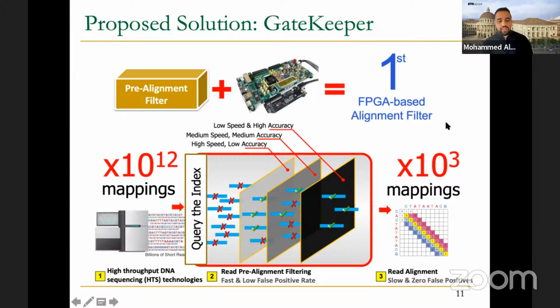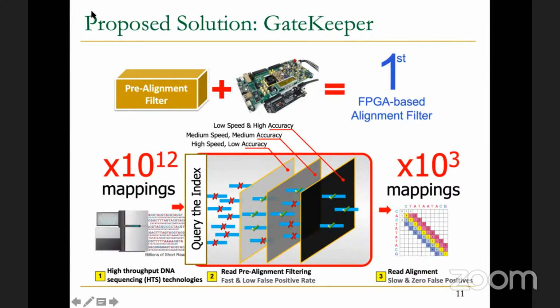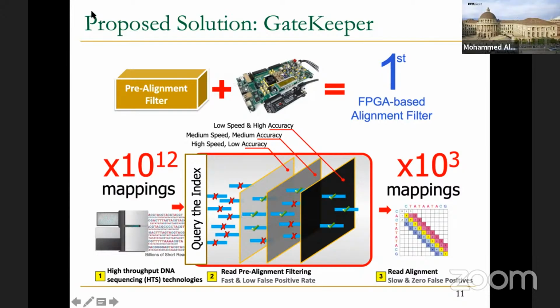So we go to each of these locations and try to fetch a segment that is equal to the length of the read, or with a certain margin. If the read sequence is 100, for example, you go to location 1,000 and you fetch 120 characters starting from location 1,000, or even before that by some margin. Anyway, at least it should be the same length as the read itself.